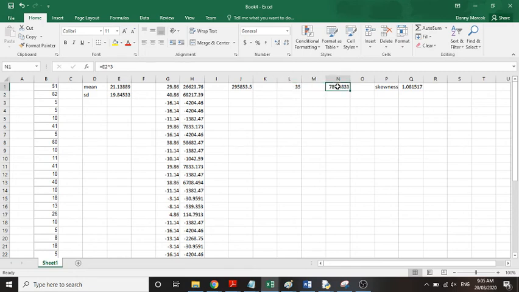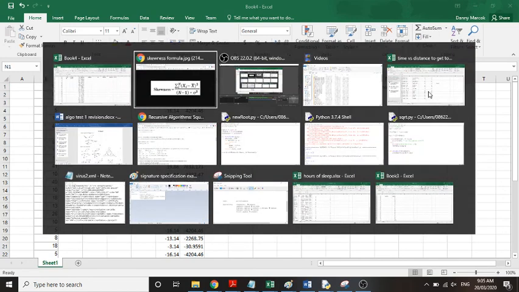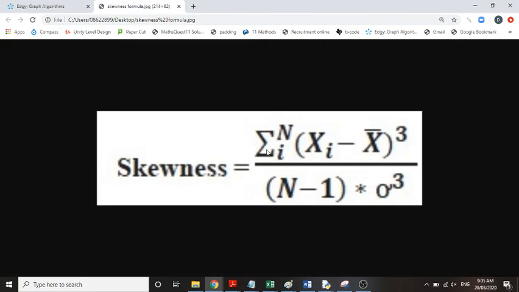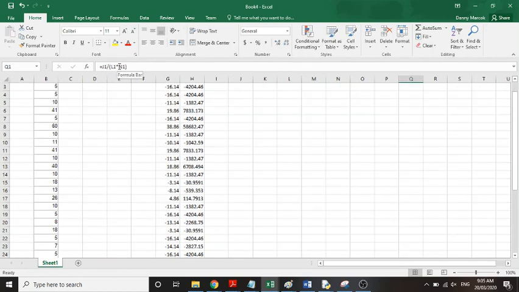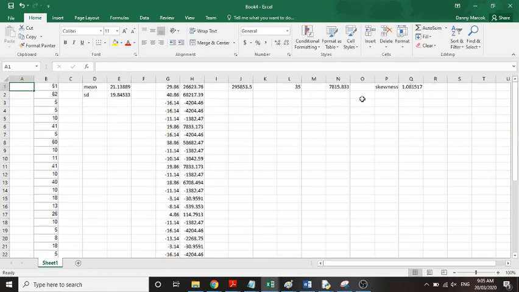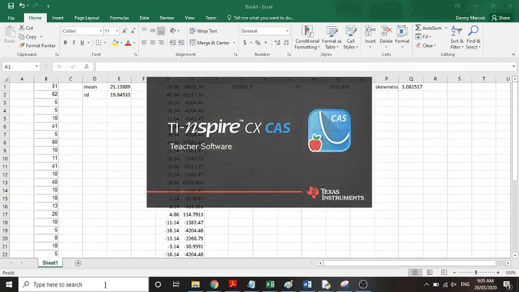That's our standard deviation cubed, and then we work out our skewness with our skewness formula, where we put the top line over the bottom line. So that's our top line divided by our bottom line, and that's what we do to calculate skewness. So we can say that is skewed by 1.08. And I think we'll leave it there. That should be it.